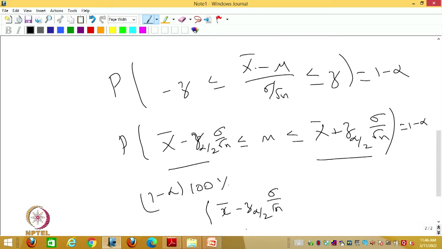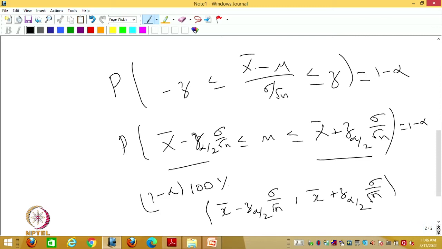Everything is known: sample mean, this point, and sigma square is known, therefore sigma is known, n is known, comma, x bar plus z alpha by 2 sigma by square root of n. This is the confidence interval for mu with 1 minus alpha 100 percentage.